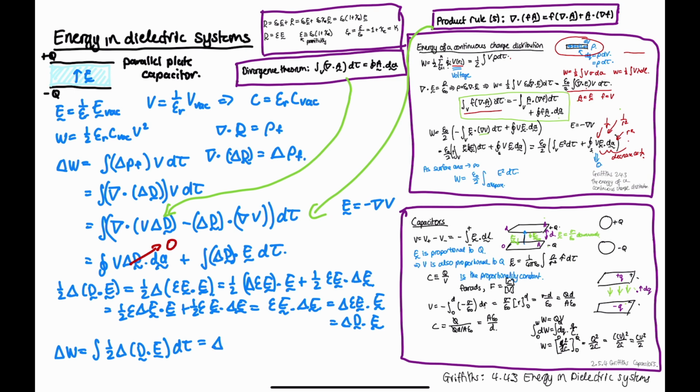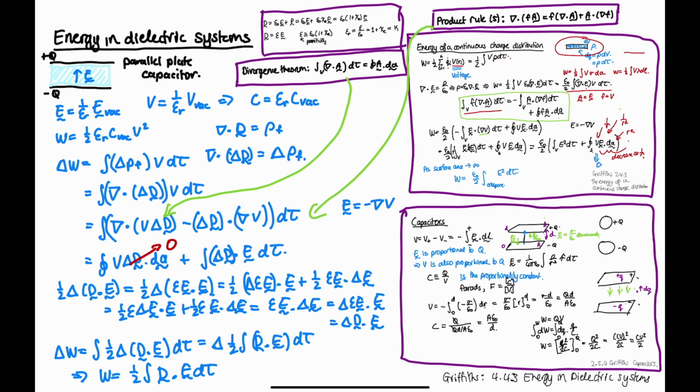So this is delta times a half the integral of D dot E d tau. And if we want to work it out for assembling this whole thing, this is how much work we needed to move one little increment. If we just sum up from 0, then we just get rid of this delta. So this tells us that W is equal to a half the integral of D dot E d tau.